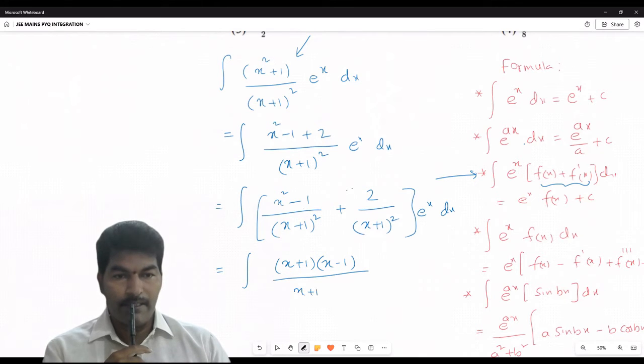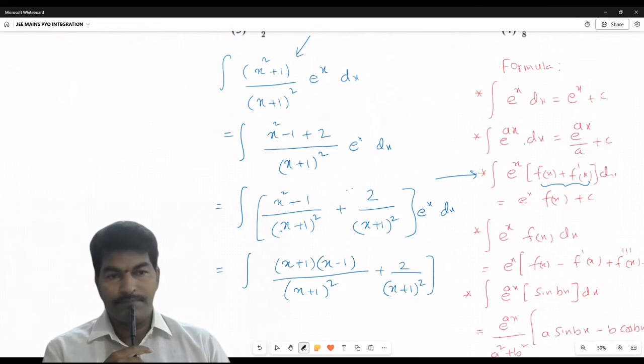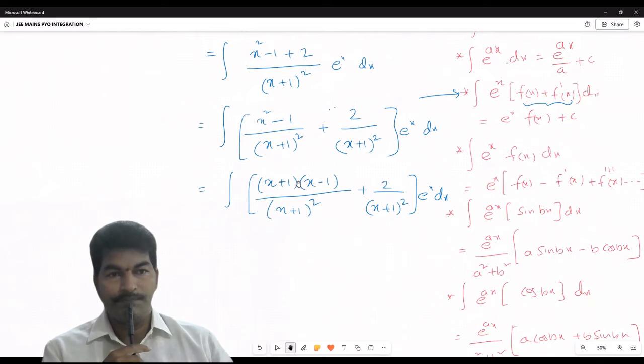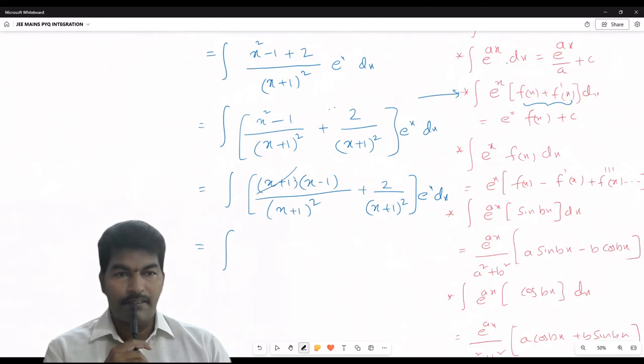And whole divided by x plus 1 whole square. And the second term, I am not changing anything in that, multiplied by e power x dx. Understood? Now this is equal to... is there anything you observe to cancel?